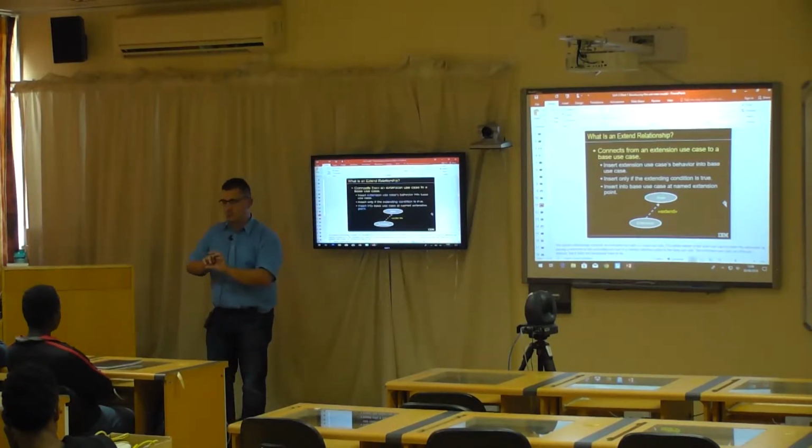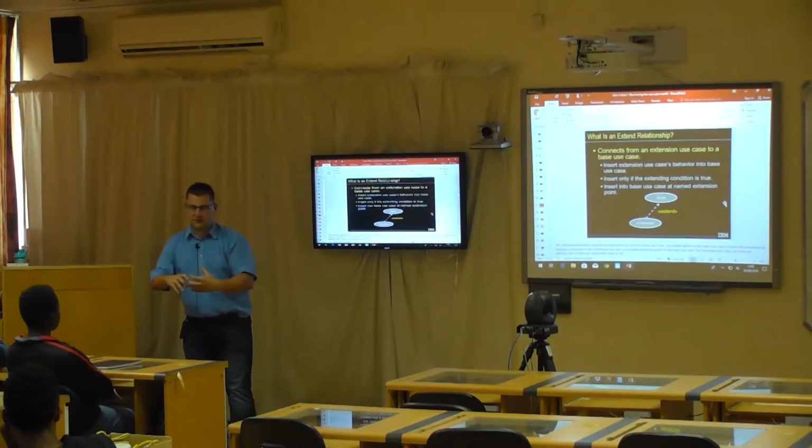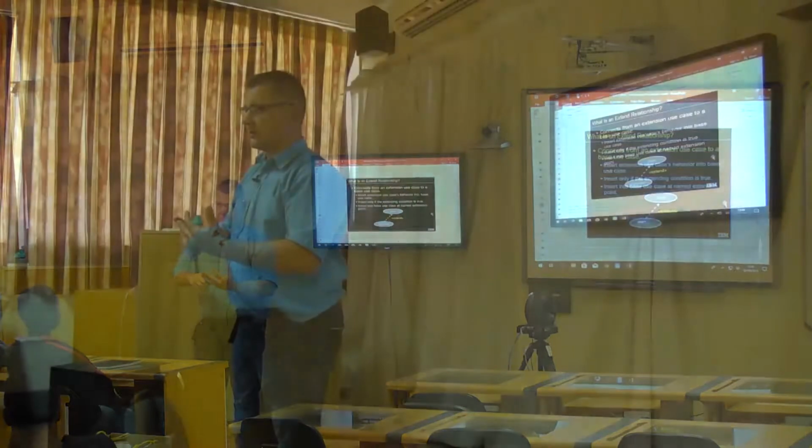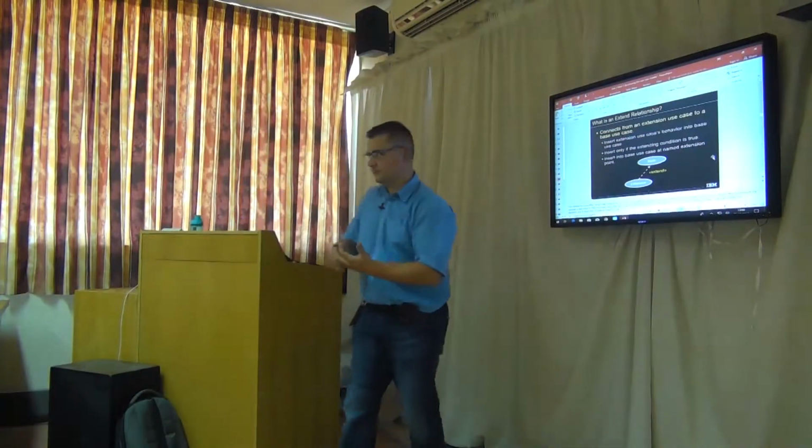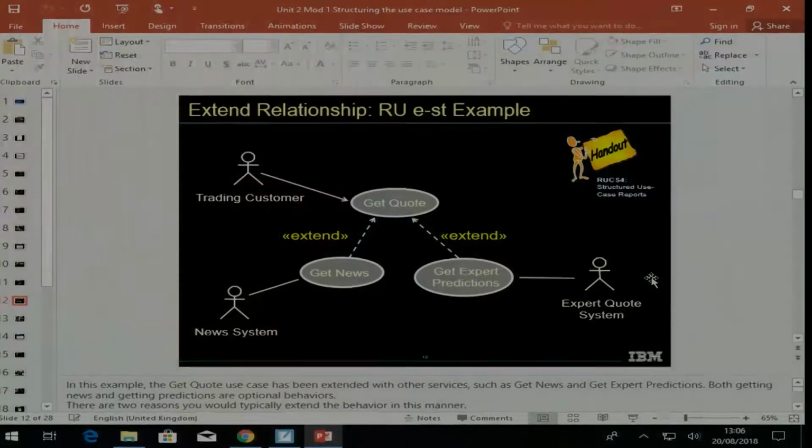And in there, we can then mention this and say, we are calling on functionality which is in another use case. Okay. So ultimately, we can create a structure that looks something like this. We can still have our actors, we can have our use cases, and in our use cases, we can have include and extend relationships, where the extended ones now add additional optional behavior to our base use case.